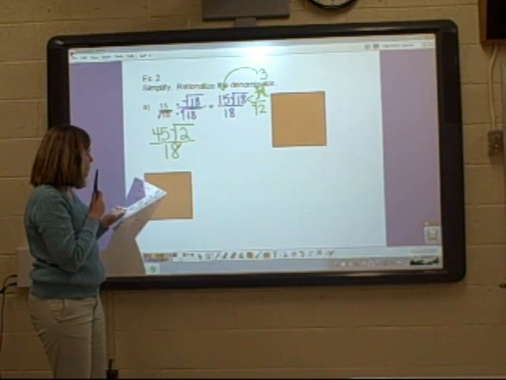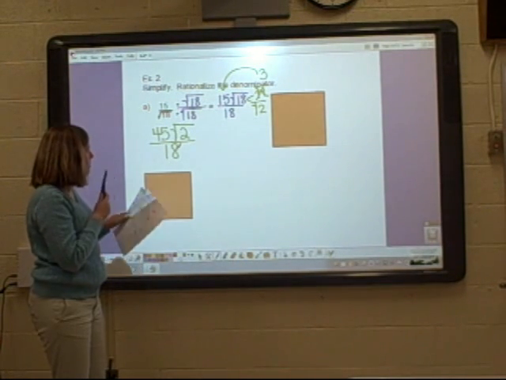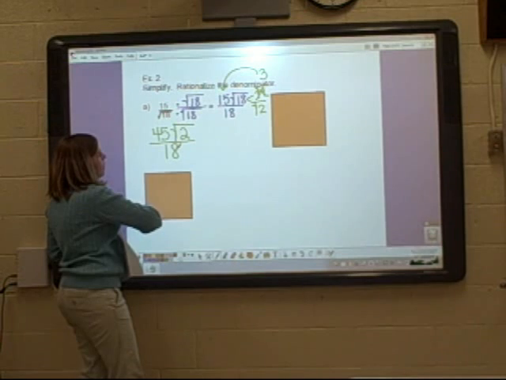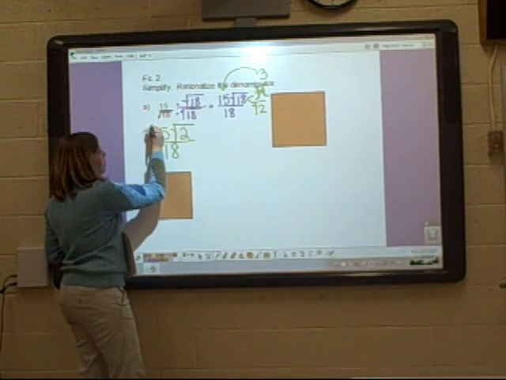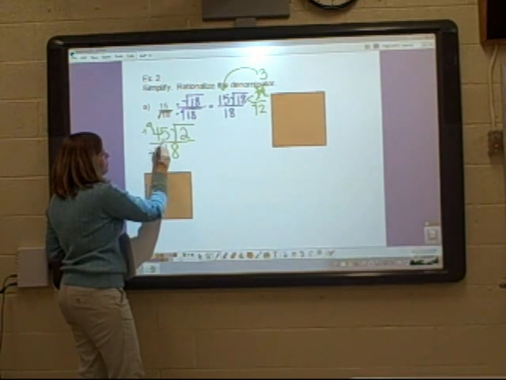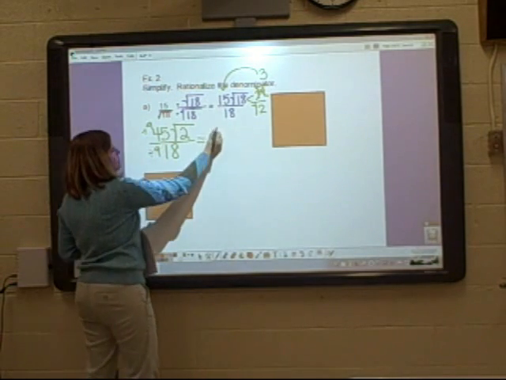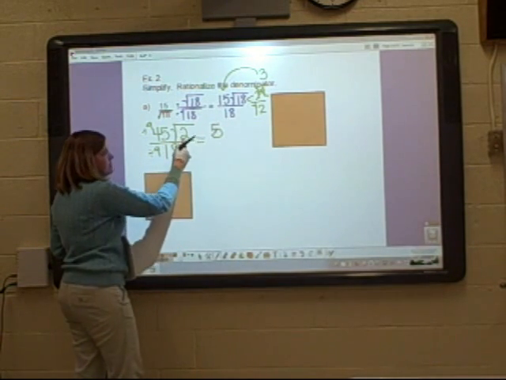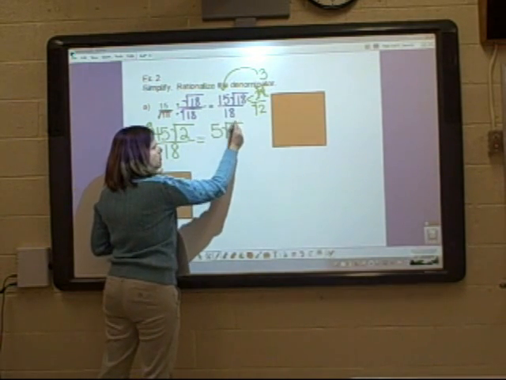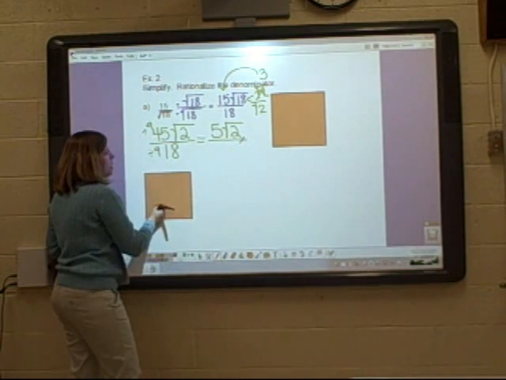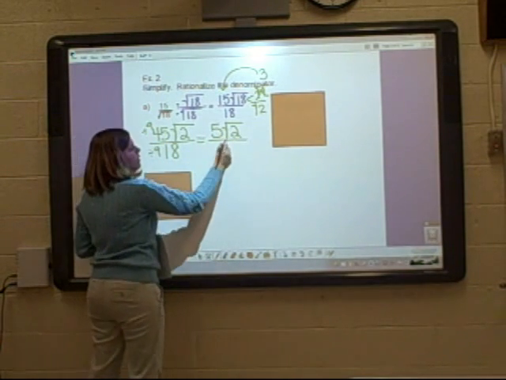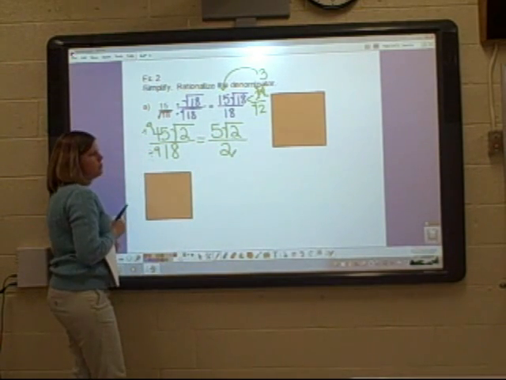No, 9. 9? Yeah, 9. So I'm going to take the top and the bottom and divide them both by 9. And 45 divided by 9 is 5. I still have my root 2. And in the denominator, 18 divided by 9 is 2.